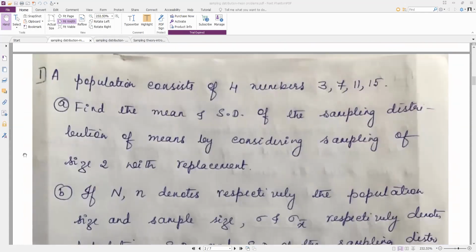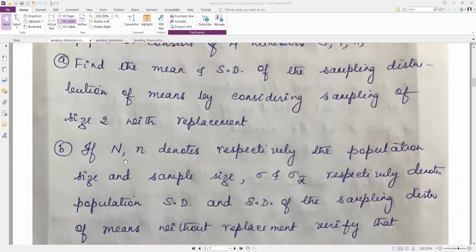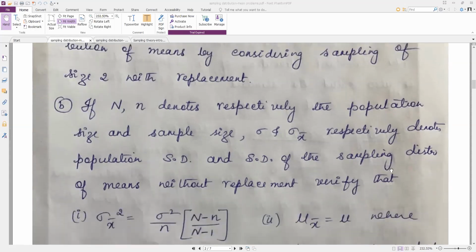Now let me see the first problem, very important. A population consists of 4 numbers. First question: find the mean and standard deviation of the sampling distribution of means by considering sampling of size 2 with replacement. So the first problem is with replacement. And if N and n denote respectively the population size and sample size, sigma and sigma x bar respectively denote the population standard deviation and the standard deviation of the sampling distribution of means.